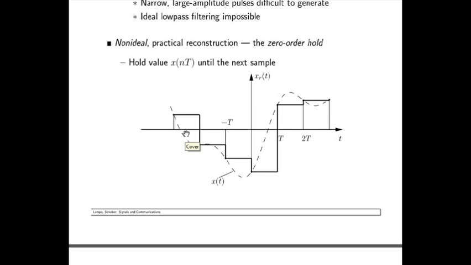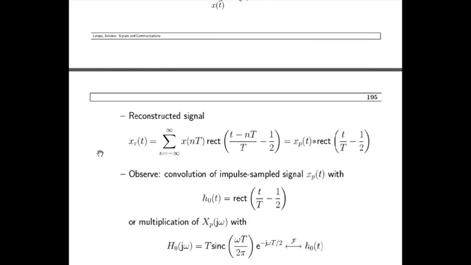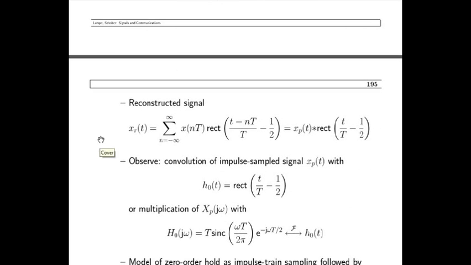This is the reconstructed signal, and the signal represented by the dotted line is our original signal. So what does it say? That we wait with the value until the next sample occurs.